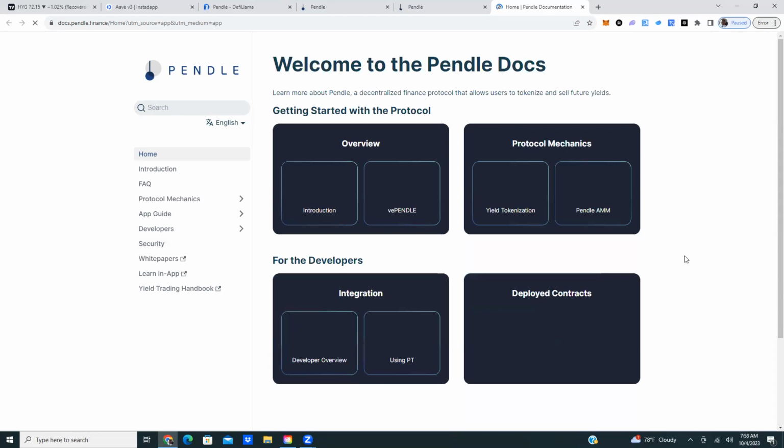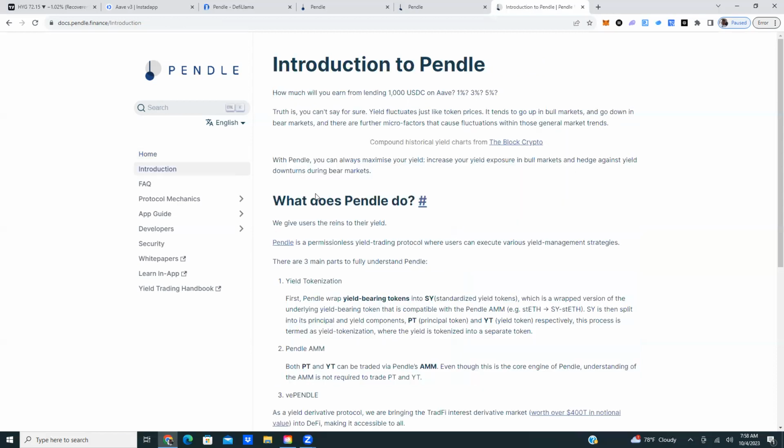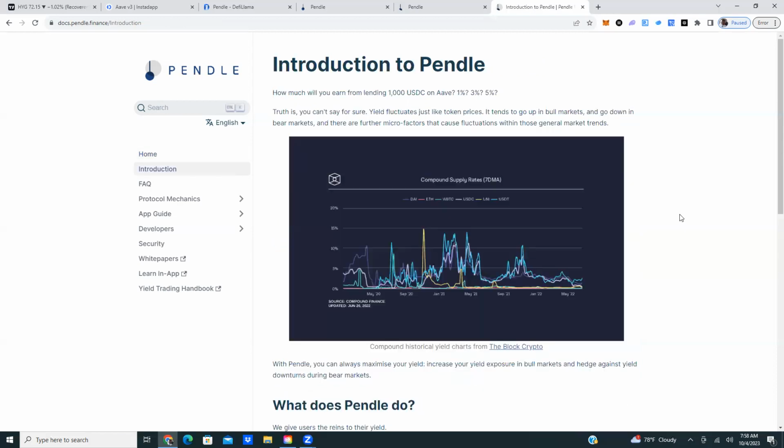All right. Overview, introduction, Pendle, yield tokenization, Pendle AMM. Let's go ahead and get started with an introduction. Okay.